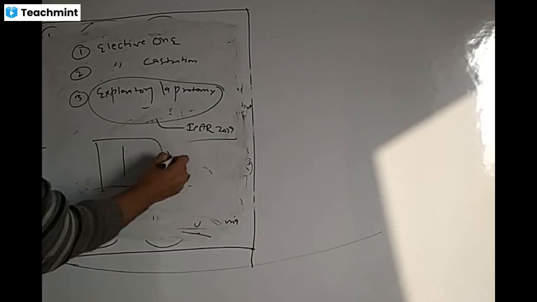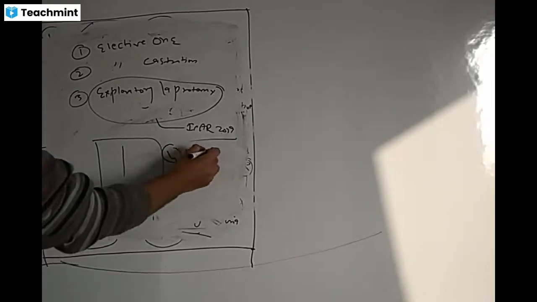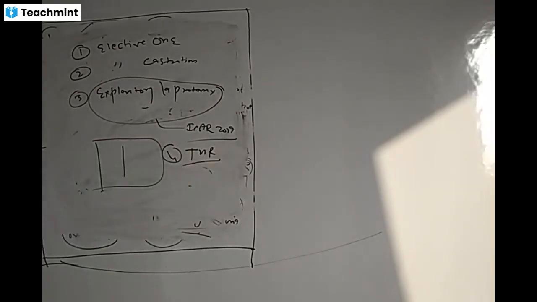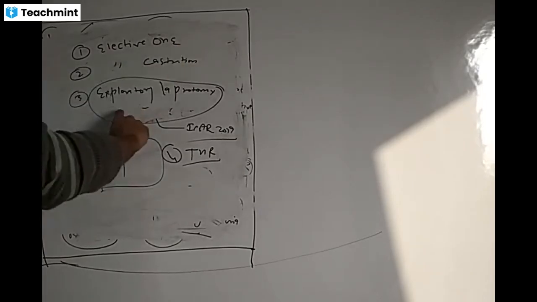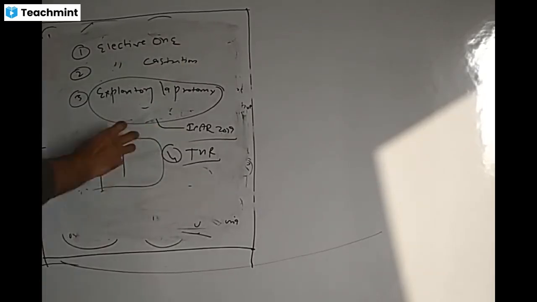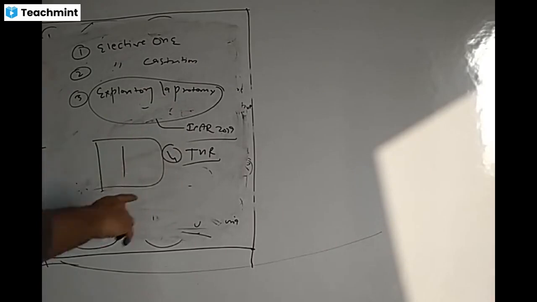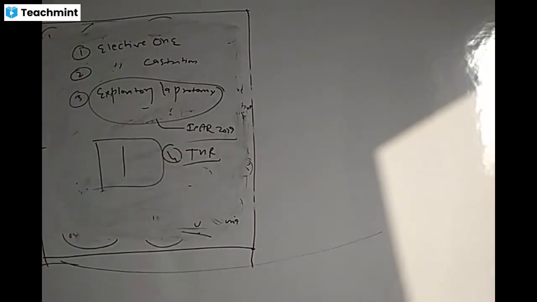And the next example of clean surgery is total hip replacement. So these are the four examples: elective OHE, elective castration, exploratory laparotomy, opening the abdomen to find the abnormalities, and fourth is your total hip replacement.